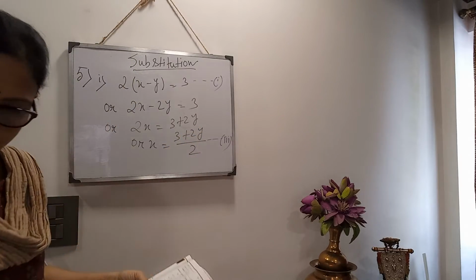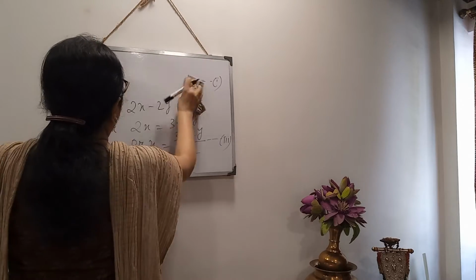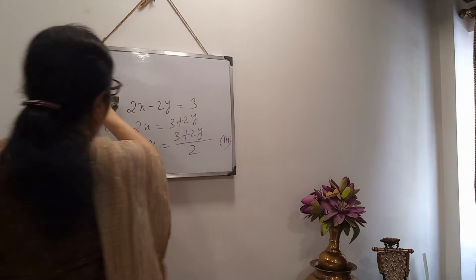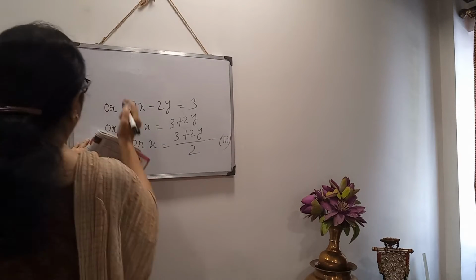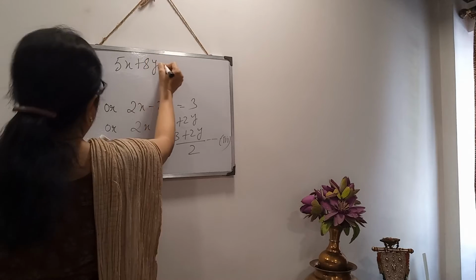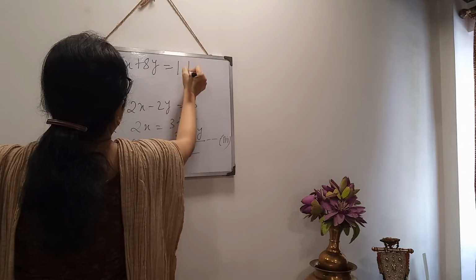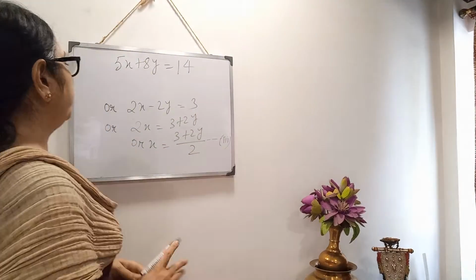Now I am writing equation number 2. What is my equation number 2? 5x plus 8y equals 14. Now by the substitution method, what will I do?